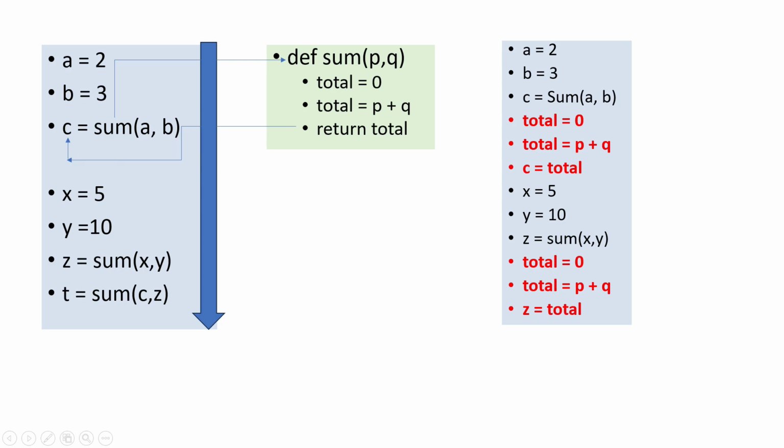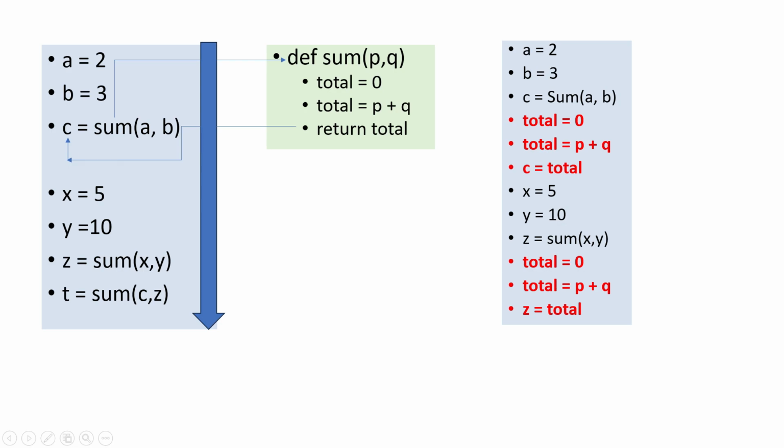This is an example of a Python program on the left hand side. It starts with a equal to 2, b equal to 3, and it goes serially this way. Now somewhere I have a call, c equal to sum(a, b), and this is the definition of my function. What actually happens is you can assume that the code from the function is executed at your call to the function.